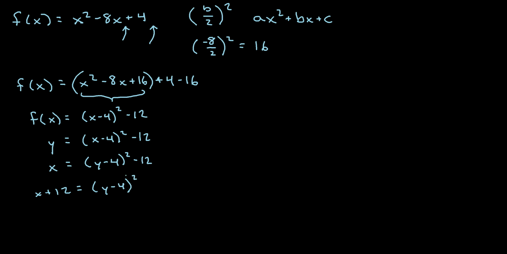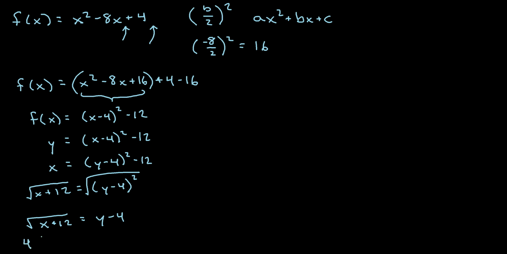And now to get rid of this squared, we can just take the square root of each side. So we'll have the square root of x plus 12 equals y minus 4, because when we take the square root of some value raised to the power of 2, it's just whatever is inside of these parentheses, so y minus 4. And now to get y by itself, we can add a 4 to each side.